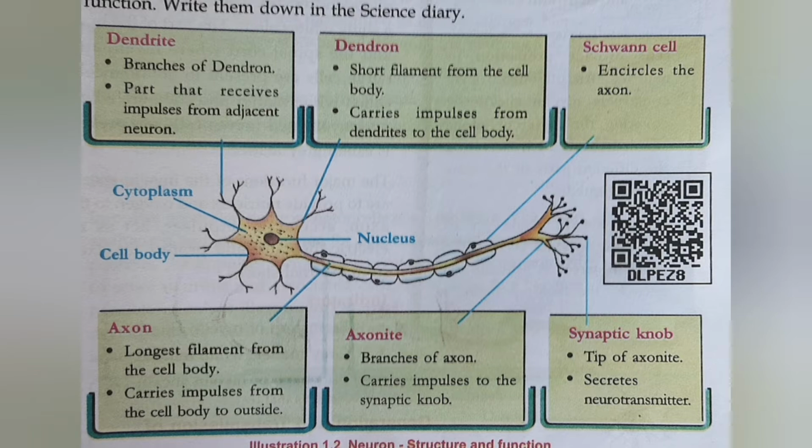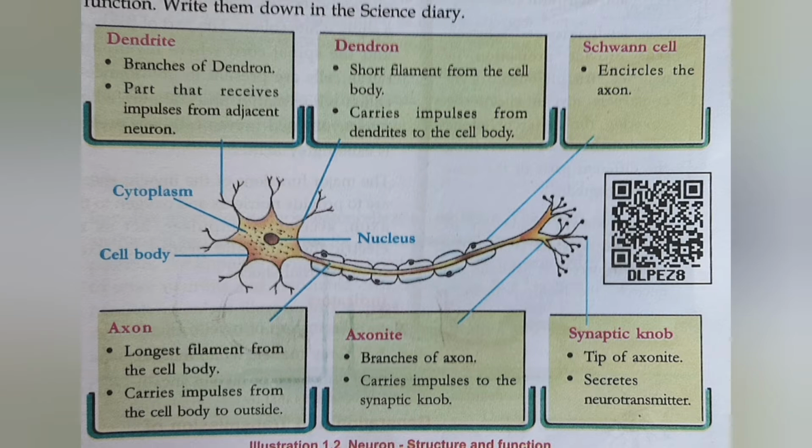Mainly, it has a cell body, otherwise called the cyton. The cell body contains the normal cell organelles, including the nucleus. From the cell body, there arise certain branches, and the minute branches are called dendrites.